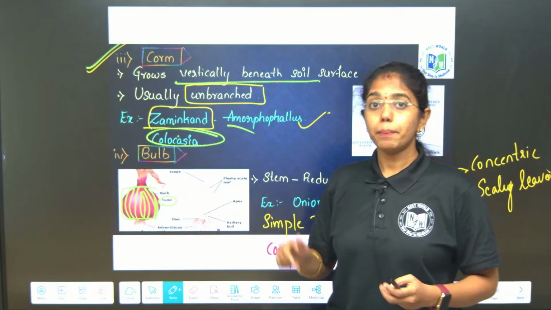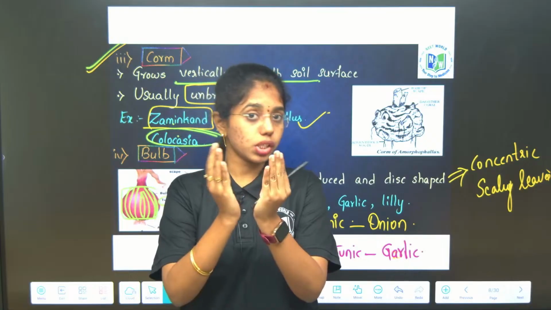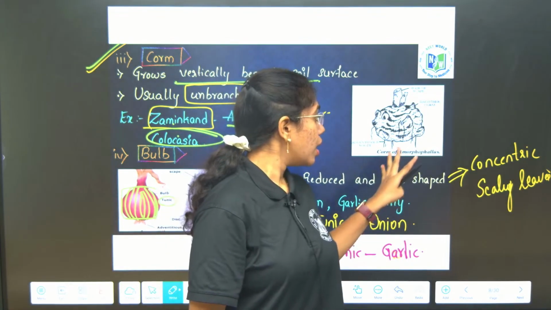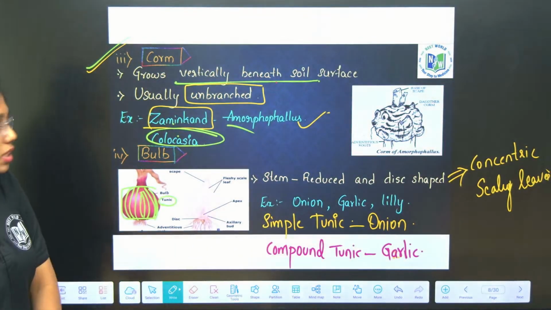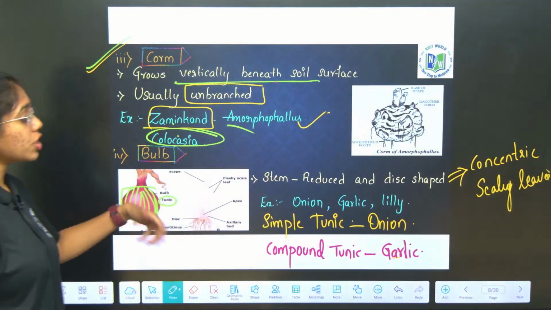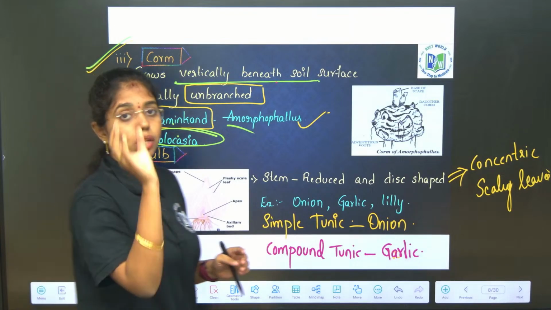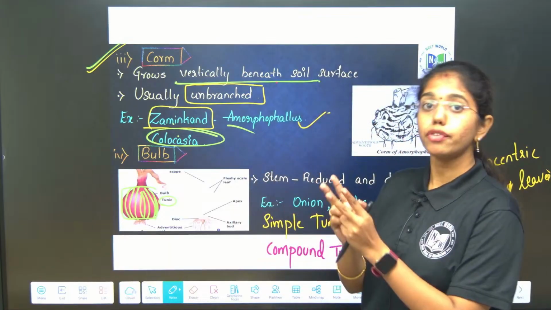And in bulb, the stem is reduced and disc shaped, and around it you will have concentric scaly leaves. Examples include onion, garlic and lily. Here, what is a tunic? The reduced stem bud along with the concentric scaly leaves together form a tunic.